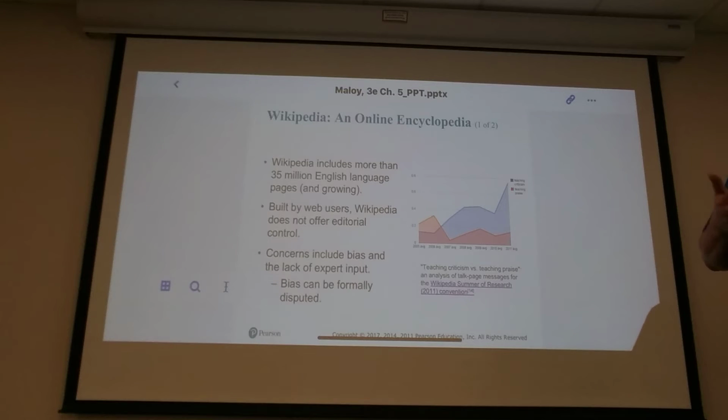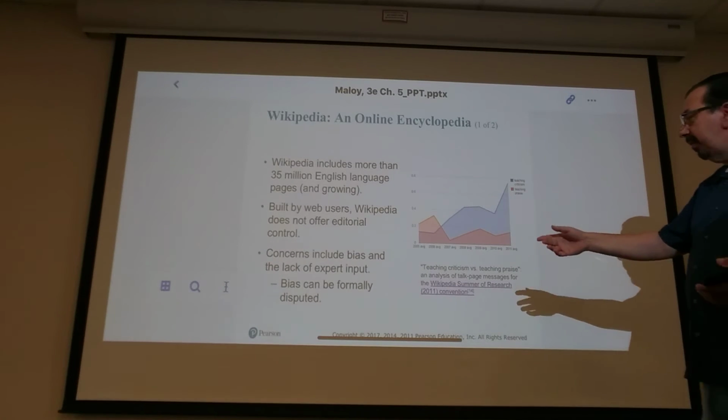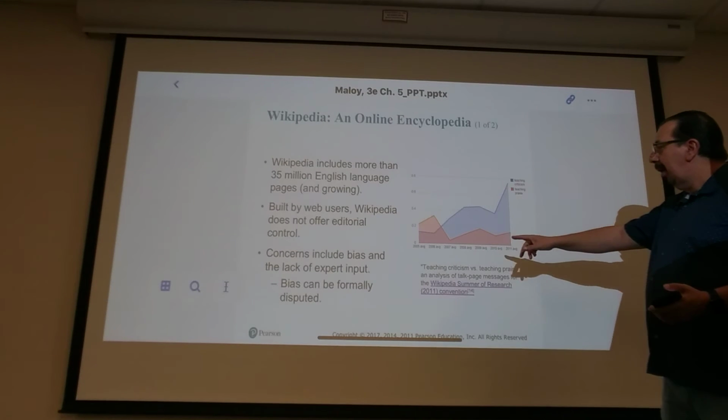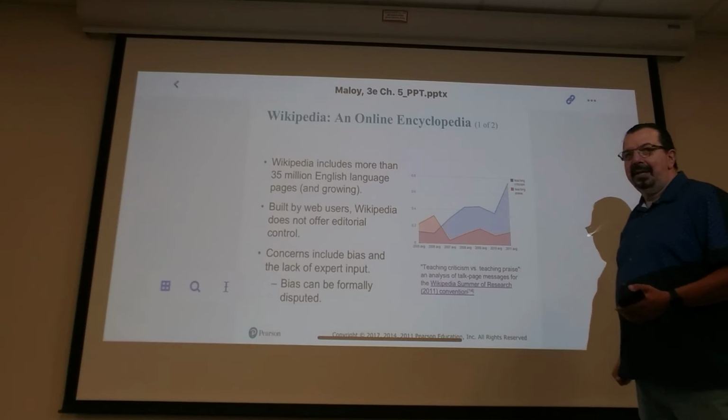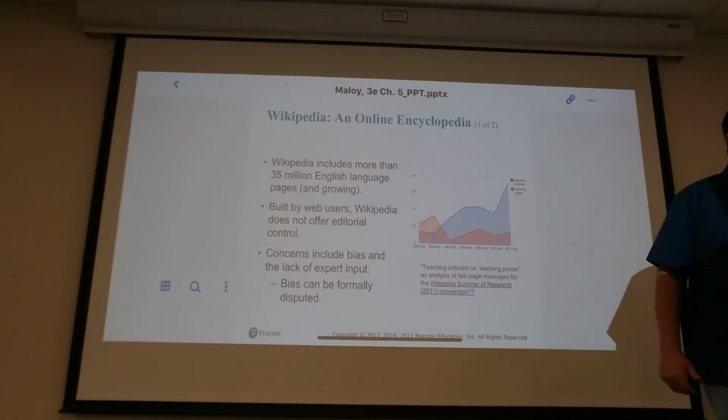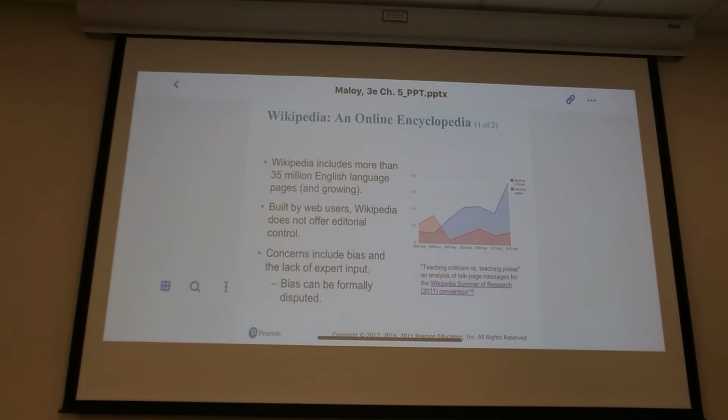We had dial-up connectivity, all that type of stuff. Wikipedia was just really in its infancy. But from 2005 to 2011, its use exponentially went up, and teachers didn't like it because students were using it too much.